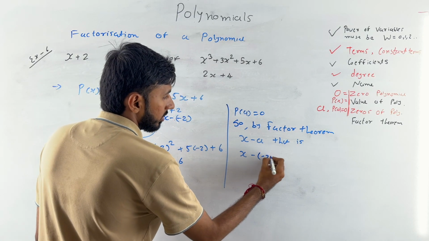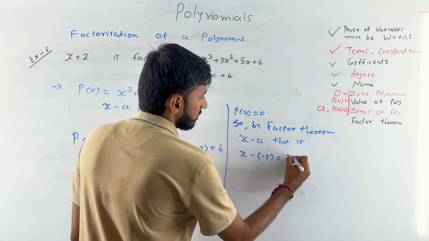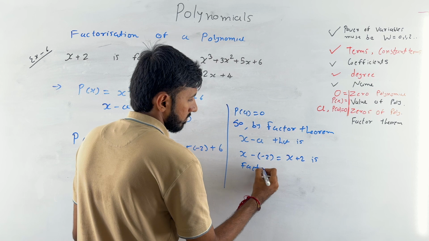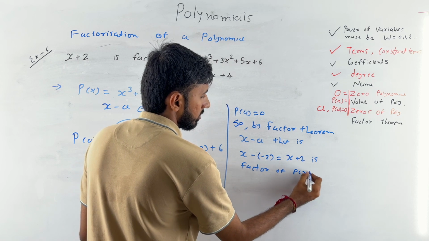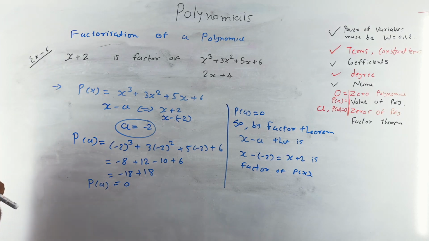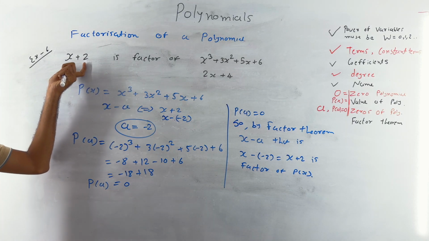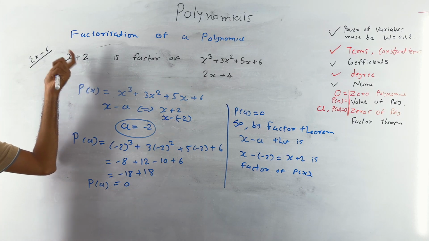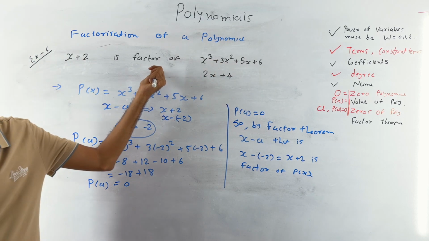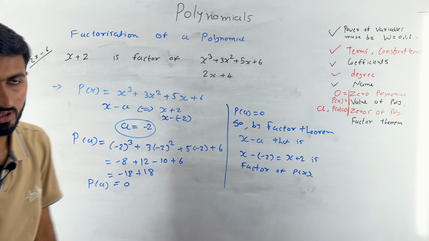So x minus minus 2, I can write as x plus 2, is a factor of P of x. This is the factor theorem, nothing else. You have to find a by comparing with x minus a, and put the value of a in this polynomial. If you get 0, then yes, it is a factor. If you don't get 0, then it is not a factor, right?